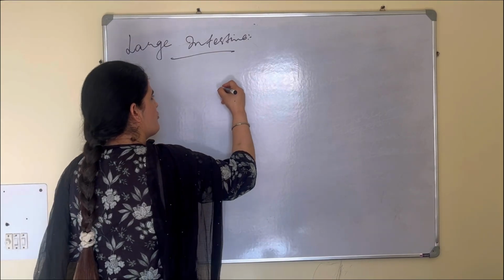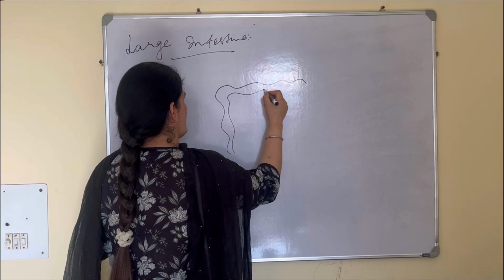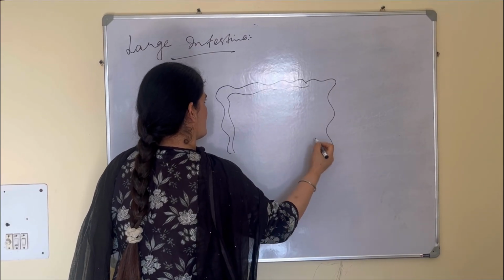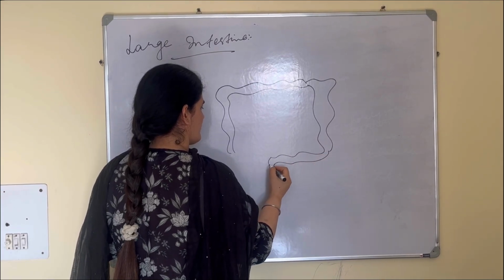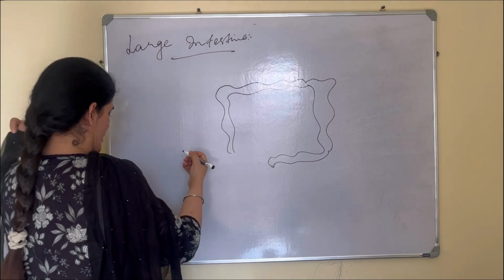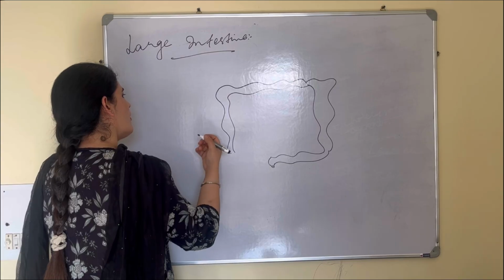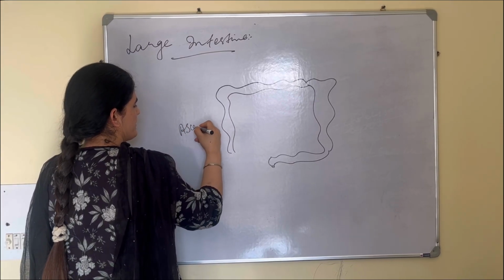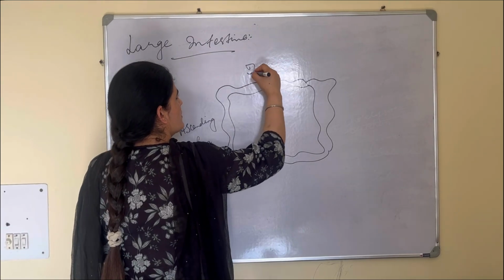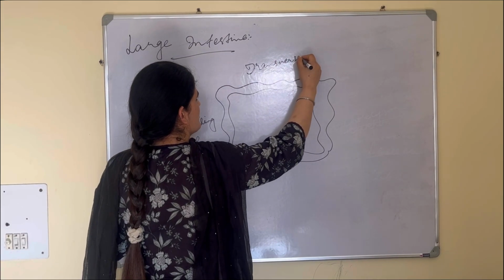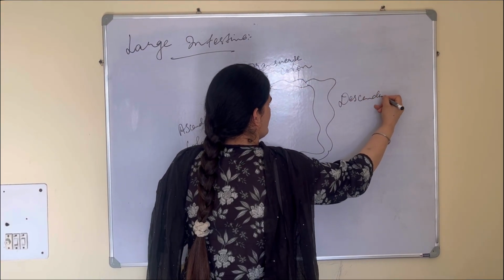So the large intestine is basically divided into three parts. Here we have the ascending colon. This is the transverse colon. This is the descending colon.